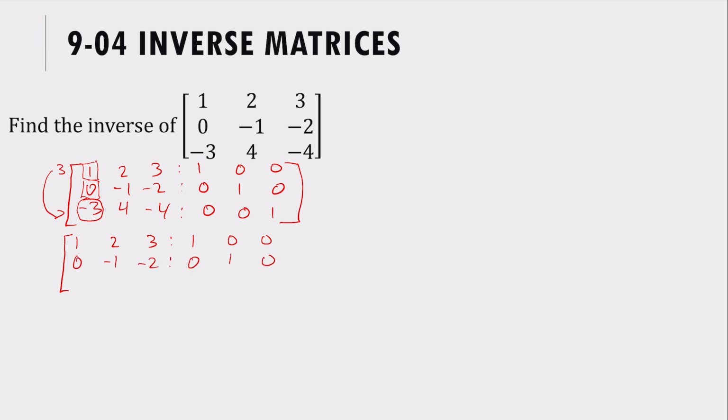Third row becomes 3 times 1 plus negative 3. 3 times 2 is 6 plus 4 is 10. 3 times 3 is 9 plus a negative 4 is 5. 3 times 1 plus 0 is 3. 3 times 0 plus 0 is 0. 3 times 0 plus 1 is 1.